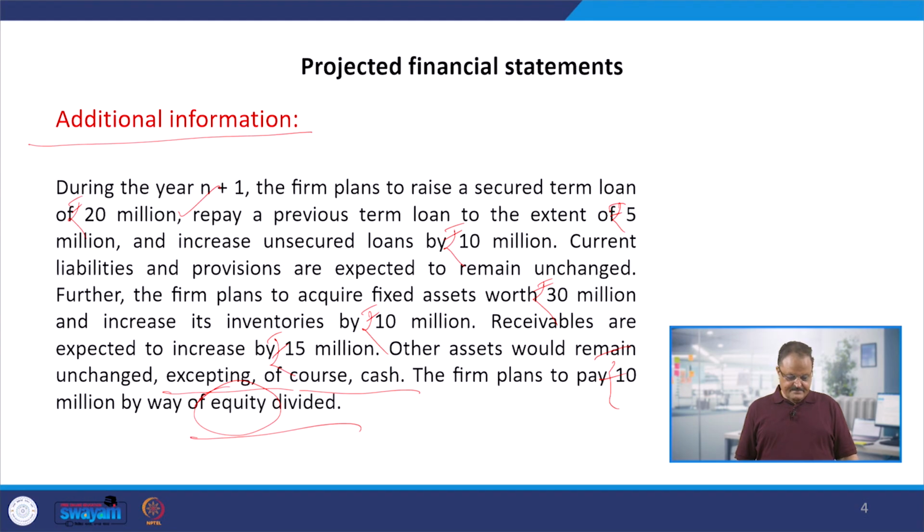So in this case, with the help of the three pieces of information given to us, one is the balance sheet for the current year, the projected income statement for the first projected year, and the additional information, we want to now prepare the cash flow statement for the n+1 period, meaning the immediate next year. So the cash flow statement normally, as I told you, we prepare under three activities.